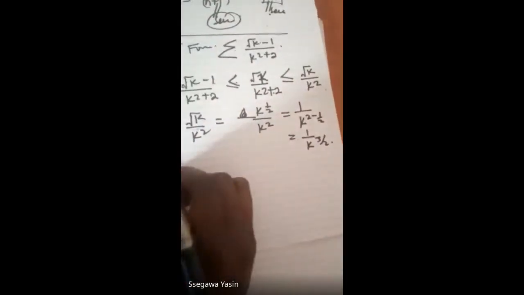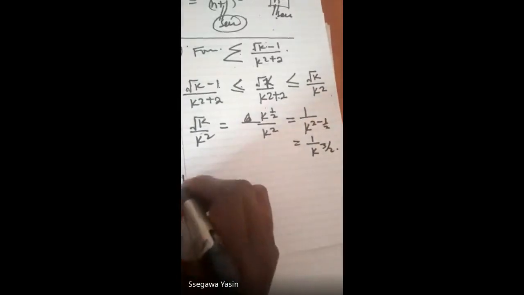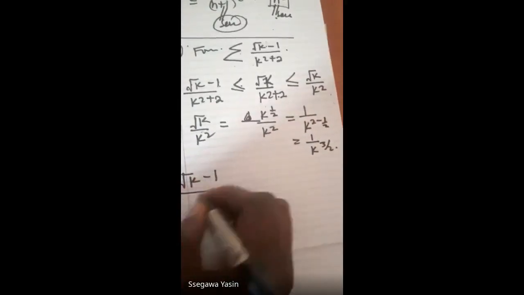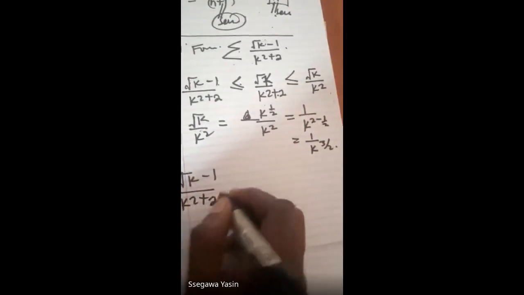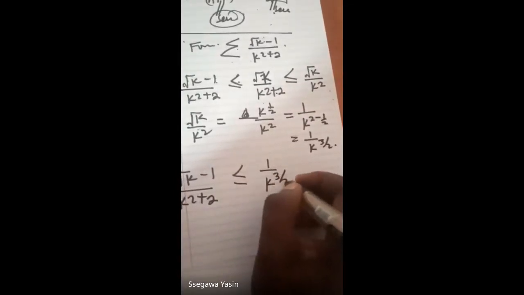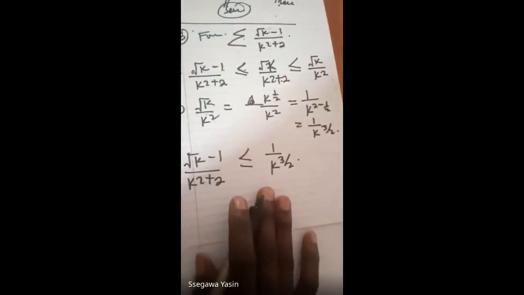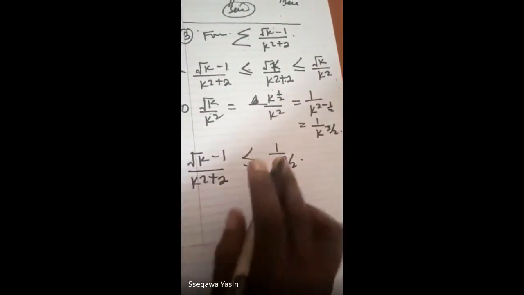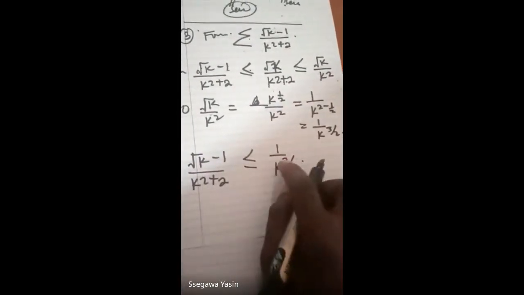Therefore, I'm going to pick up this expression but dropping the inner part. We have root of k minus 1 over k squared plus 2 is less than or equal to 1 over k to the power 3 over 2.